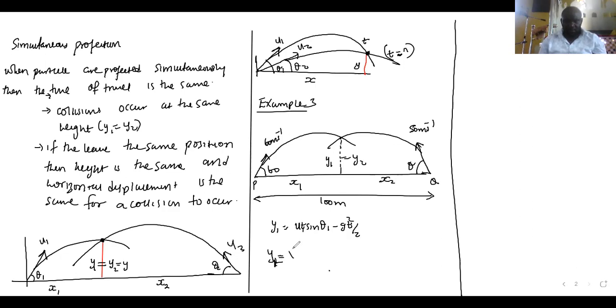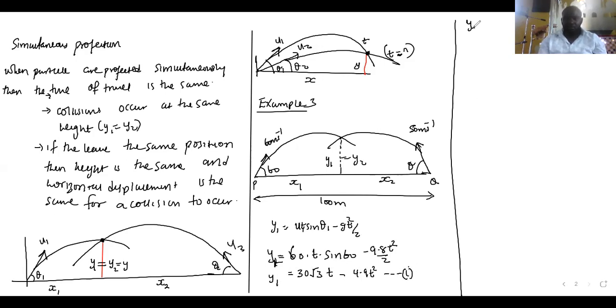Y1 would be 60 times time times sine of 60 minus 9.8 T squared divided by 2. The reason I've been writing 4.9 is because 9.8 divided by 2 gives you 4.9. So this will give me 30 root 3 T minus 4.9 T squared, because sine 60 is root 3 over 2. This is our Y1, and it gives me equation 1.